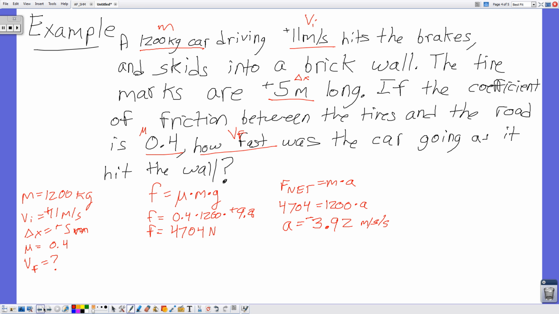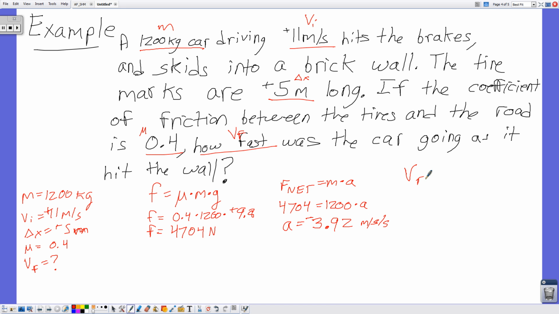Well, what equation is that? Alright, well, let's look at our equation list. I want something with v initial, v final, acceleration, and displacement. Let's see. I found it. There is only one equation that has all of those things in it.